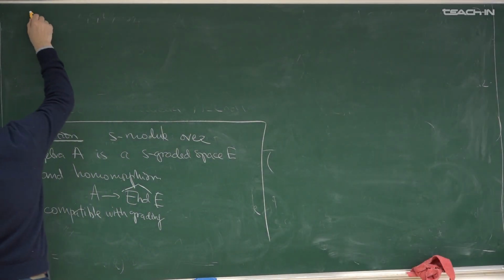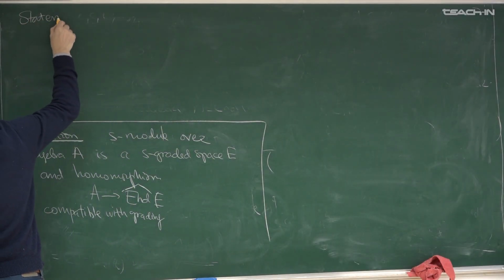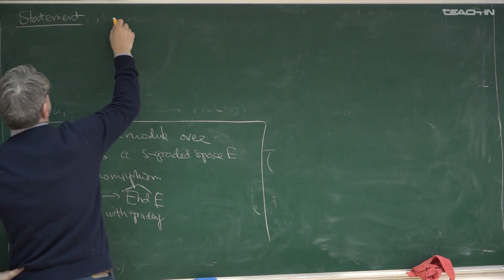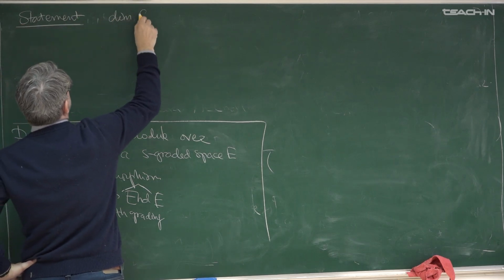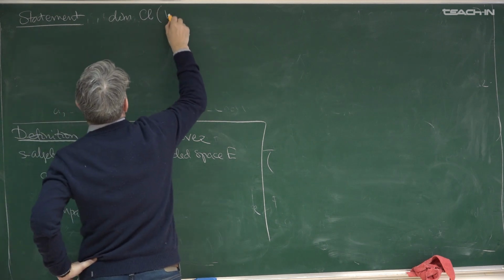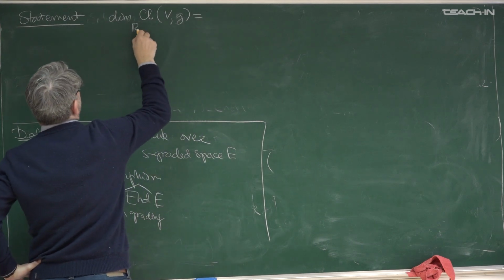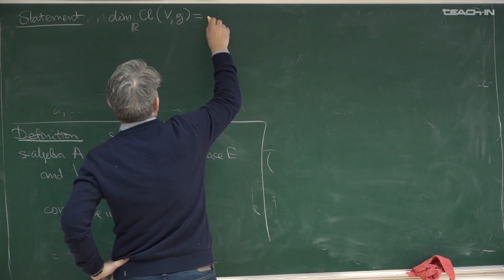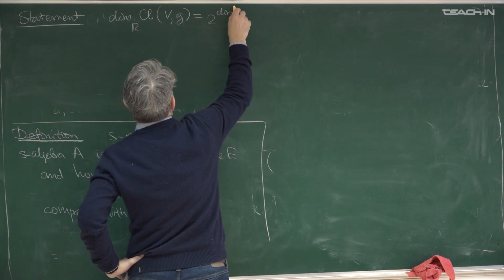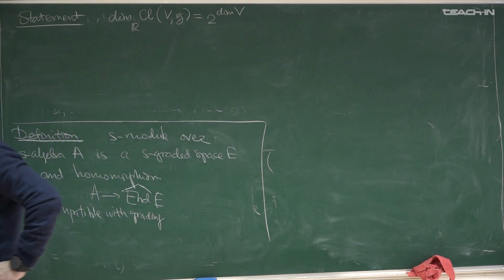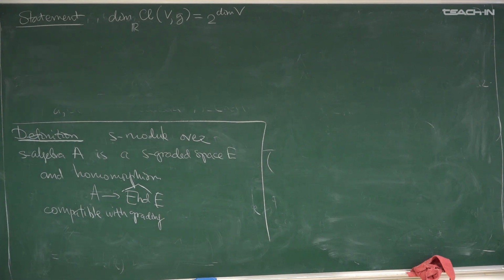Statement: the dimension is just 2 to the dimension of V. It's not difficult to prove the inequality on one side, that the dimension is not greater than 2 to the power of dimension of V, but I want to prove that they are equal.